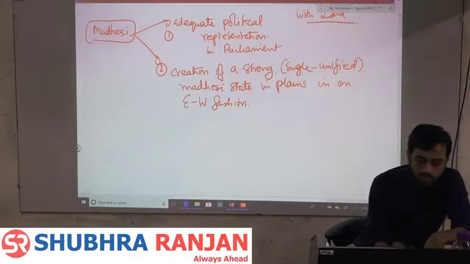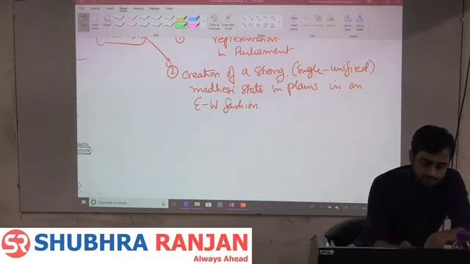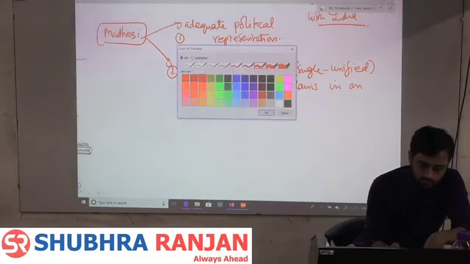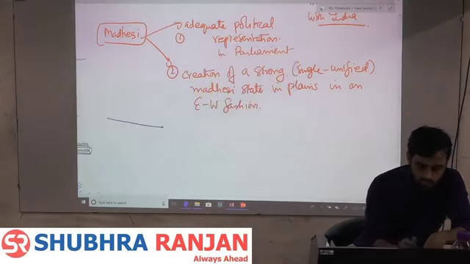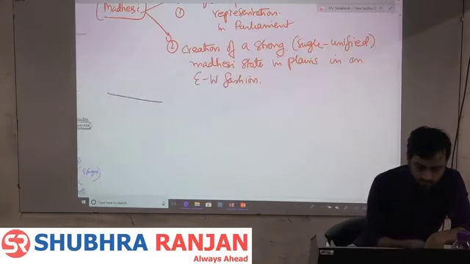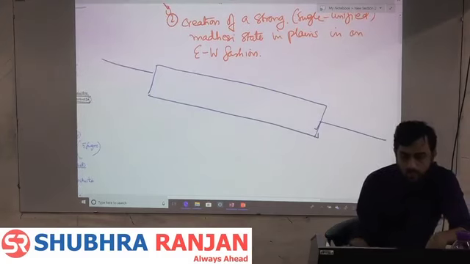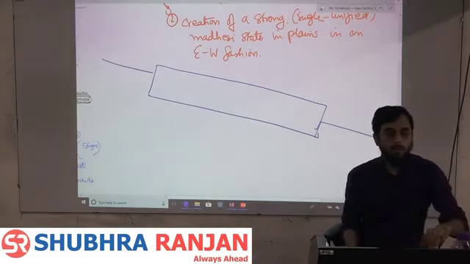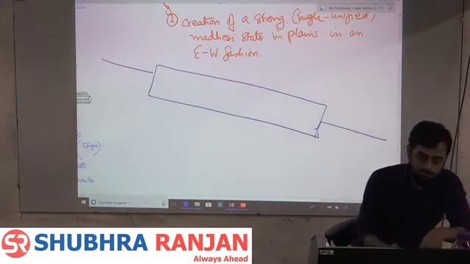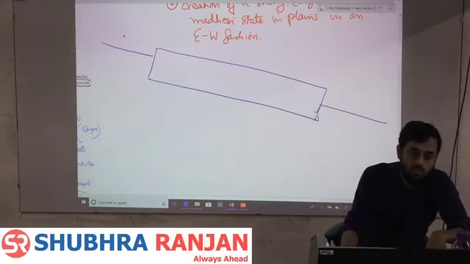What are we writing? Very simple, sir. You can understand this: in Nepal they decided to create a federal constitution and decided to create 7 provinces.